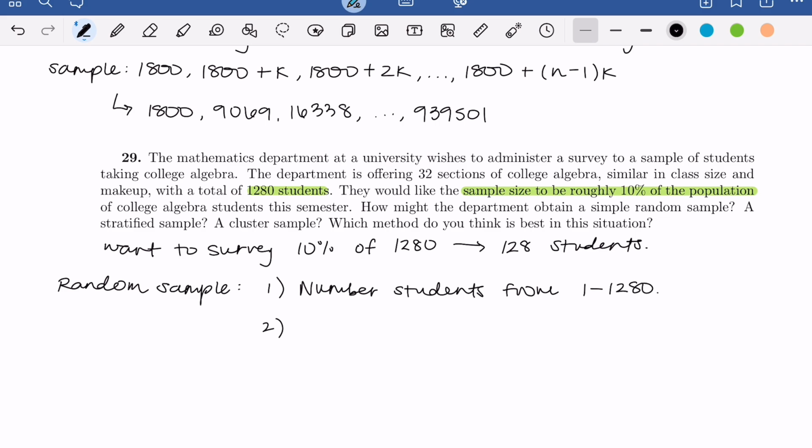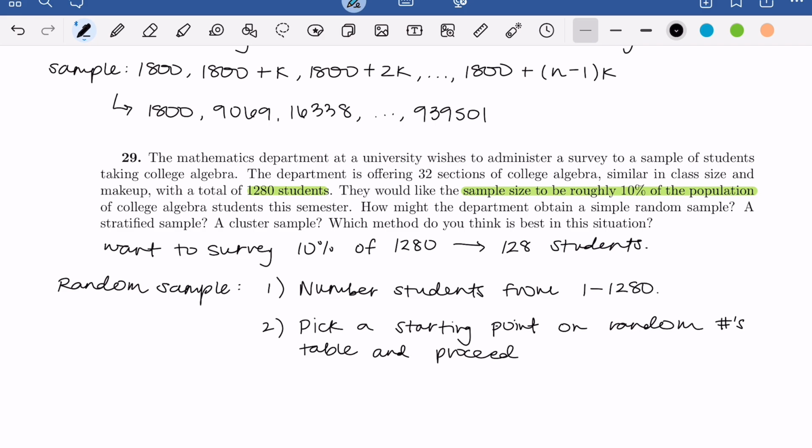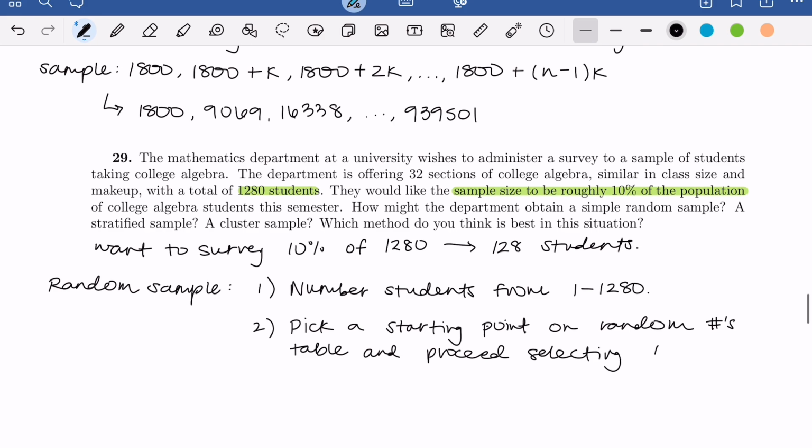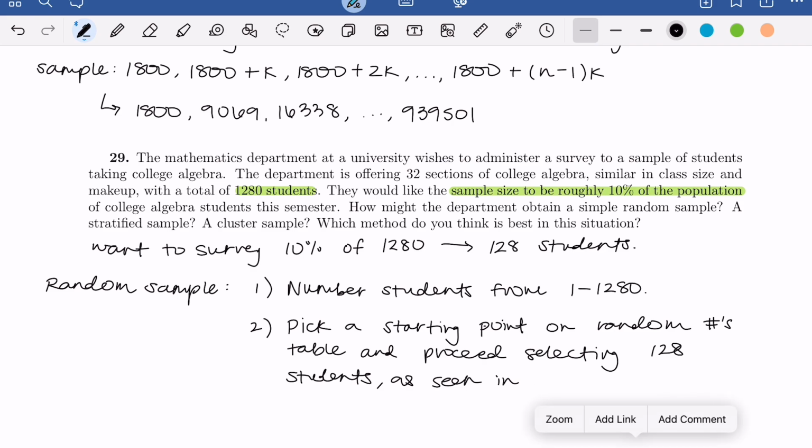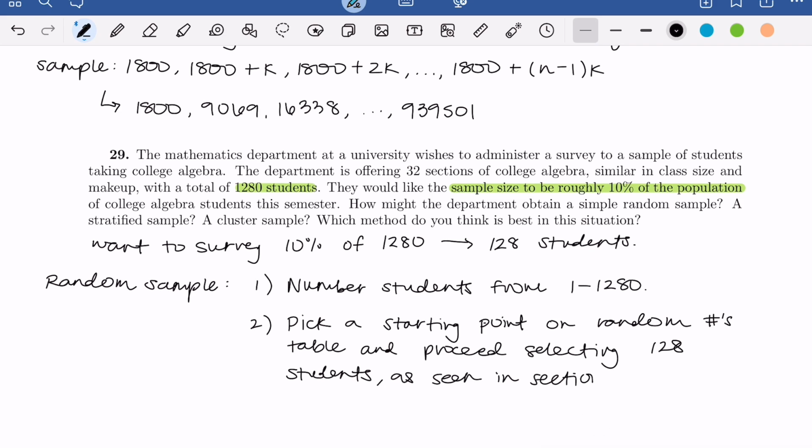We're going to pick a starting point on the random numbers table and proceed selecting our sample. So we're going to proceed selecting the 128 students as seen in section 1.3. So that's how we would obtain a random sample in this situation here.